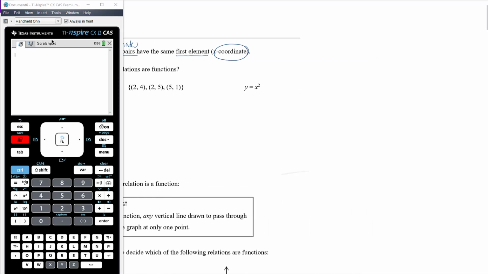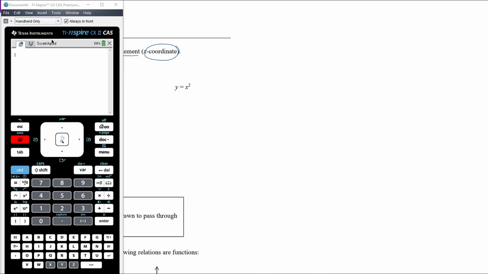Let's think about what that would mean over here before we talk about what it says further down the page. Let's say we've got some sort of function that goes through this point here, whatever the coordinates of that point are. If this is to be a function, there cannot be any other point in the function with the same x coordinate as that point.